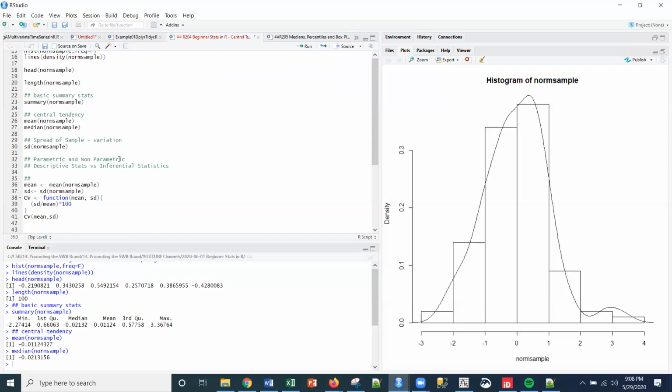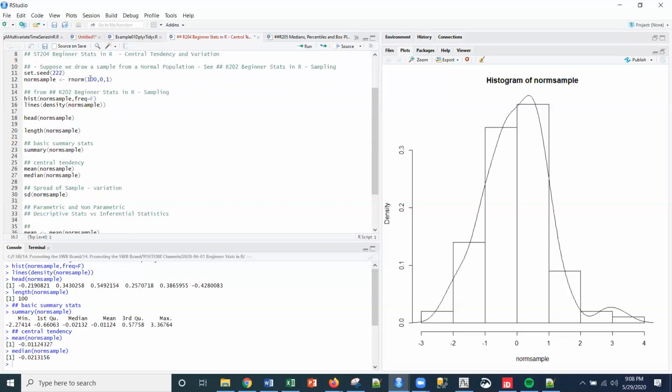Non-parametrics are robust statistics, and they don't assume some sort of form that the parent population follows.